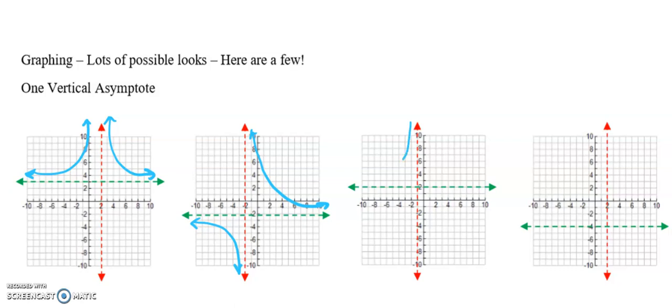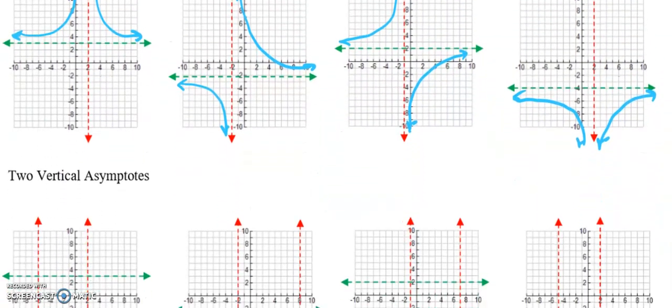Or if we've got a negative with a reflection in there, it could look something like that. Or what's the one I'm missing? Could go something like that. It all depends on what the numerator looks like, but there's a bunch of different options.